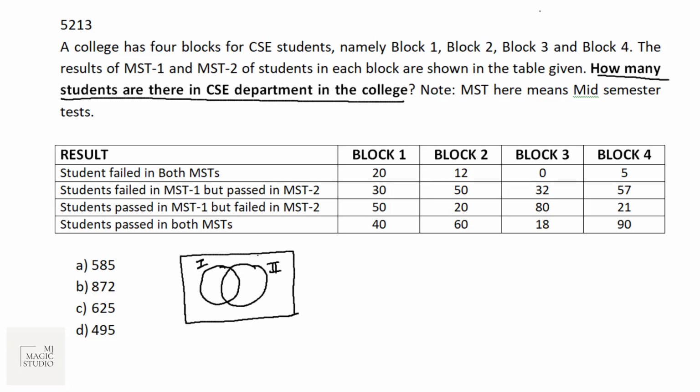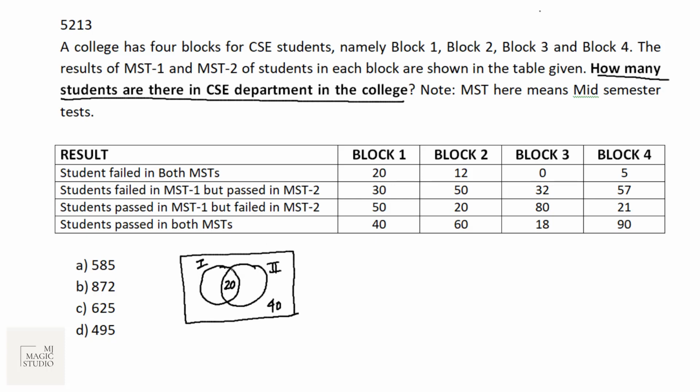So if I take block 1, the number of students who have passed in both is 40. Now, students who failed in both MSTs is 20, the common area, failed in both 1 and 2. Then failed in 1, meaning this first circle, but passed in 2, that is 30.